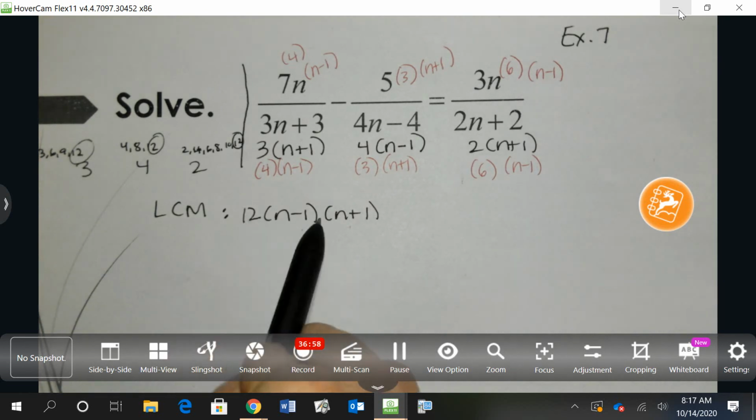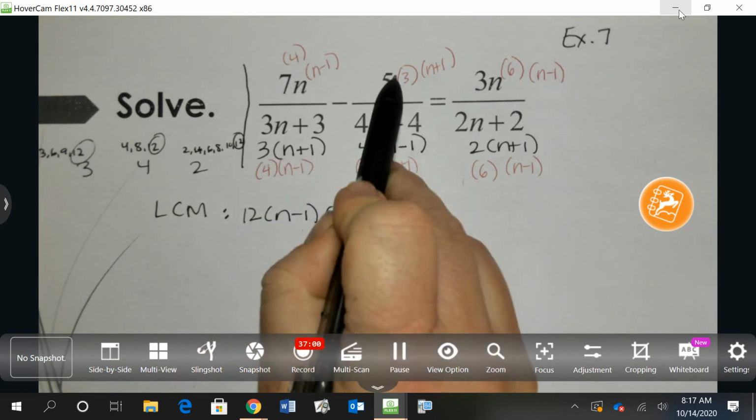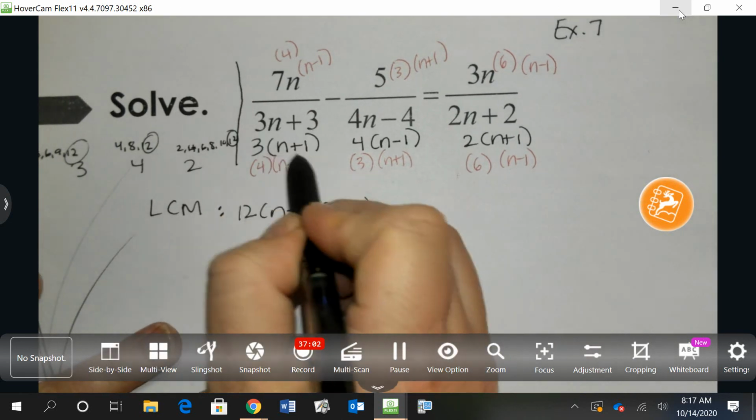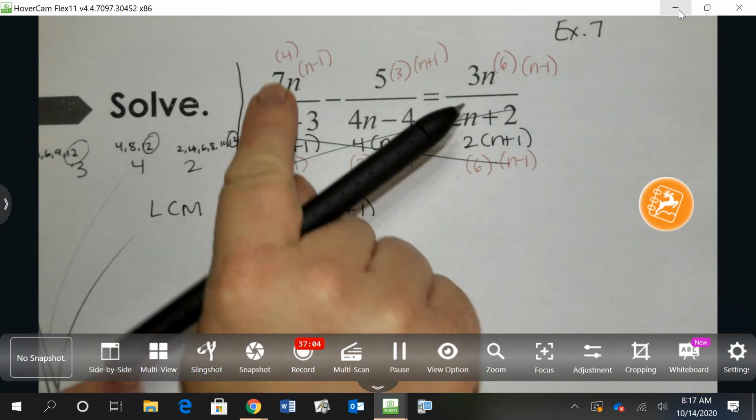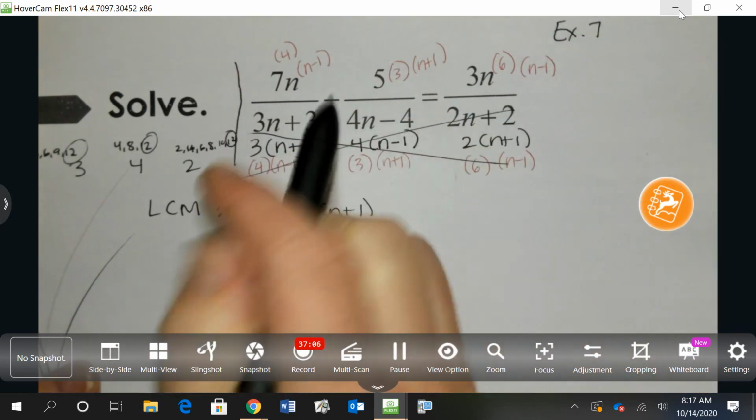So I've identified the LCM and I've achieved that with each term in the equation. Now I get to cancel out the denominators and I only have to worry about the numerators.